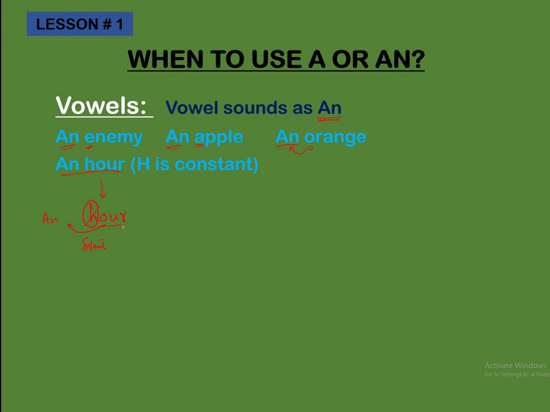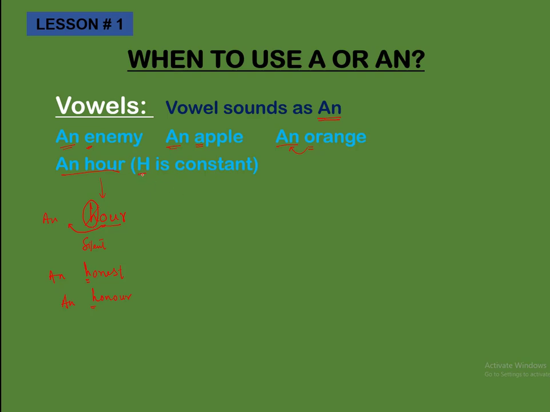For example, an hour. Honest. Now honest is pronounced with a silent H, so before honest we have to use an: an honest. Honor. Honor is again a silent H, so again we have to use an before it. An honor, an honest, an hour.